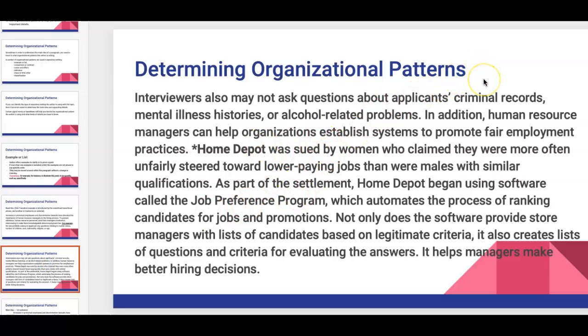Interviewers also may not ask questions about applicants' criminal records, mental illness histories, or alcohol-related problems. In addition, human resource managers can help organizations establish systems to promote fair employment practices. The asterisk: Home Depot was sued by a woman. So this is another keyword for an example. If you see the name of something or the name of a company or the name of whatever the topic of the paragraph is, by and large, they're going to give you some sort of an example after that.